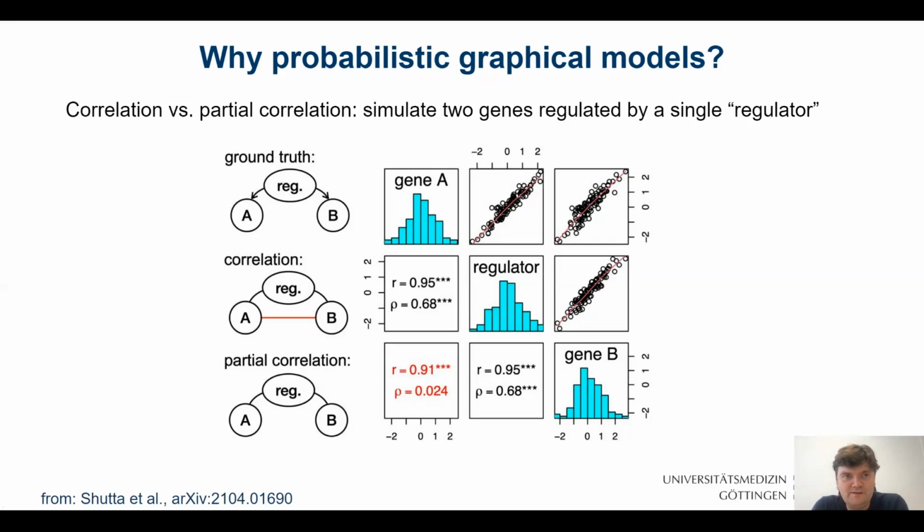Also, I have to emphasize that there are no directions. So these partial correlations do not tell us if A regulates the regulator or if the regulator regulates A. So that's something we do not have here. But what it does is that it considers variables simultaneously and allows us to disentangle direct from indirect relationships.